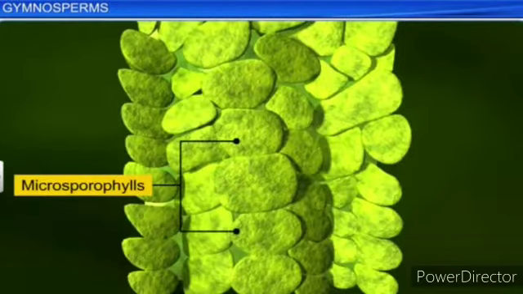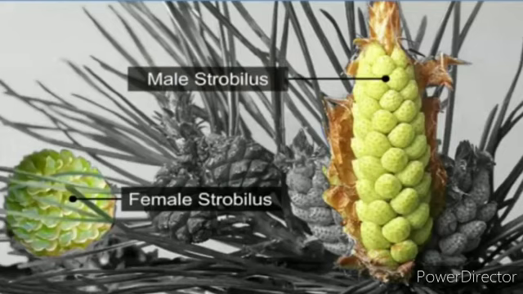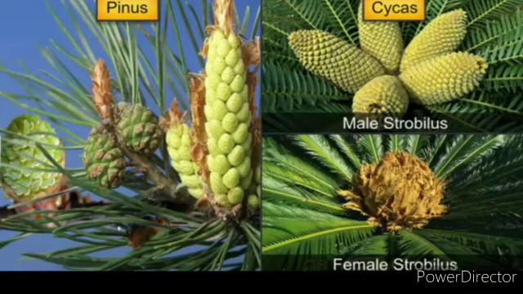The cones bearing megasporophylls: microsporophylls are the male, megasporophylls are the female structure with the ovules or megasporangia, called macrosporangiate or female strobili. The male or female cones or strobili may be borne on the same tree, that is the Pinus tree, or in Cycas, male cones and megasporophylls are borne on different trees.